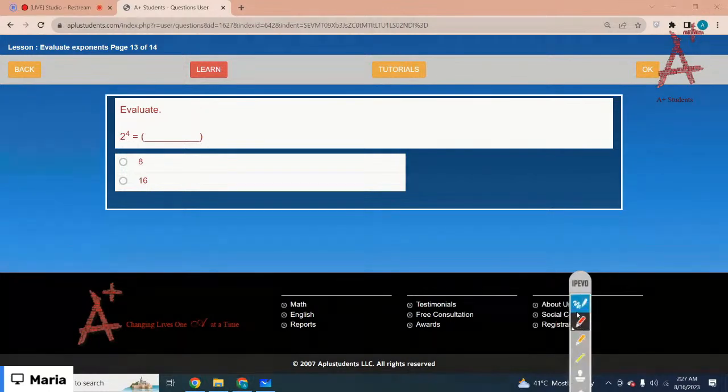So that would be 16. You have to do 2 times 2 times 2 times 2. So 2 times 2 is 4 and 2 times 2 is 4 and 4 times 4 makes 16. The correct option is 16.